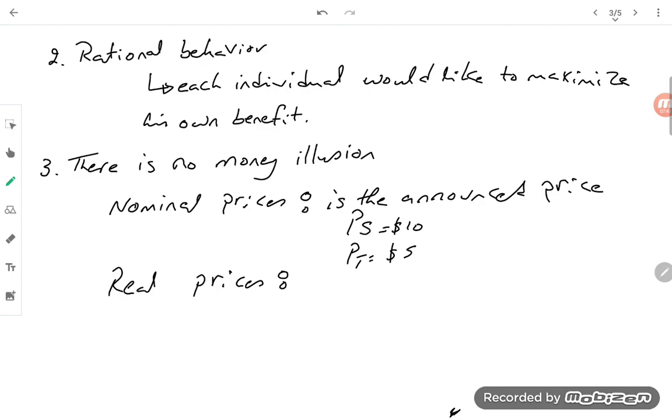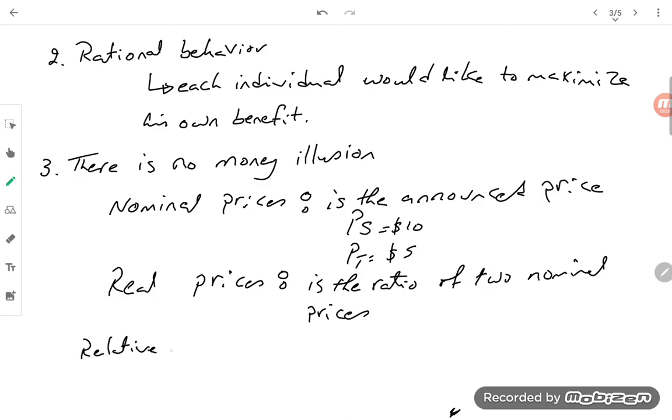Real price is the ratio between two nominal prices. So if you would like to calculate the real or relative price of soybeans, it will be price of soybeans divided by price of textile, which is 10 over 5, which is 2.